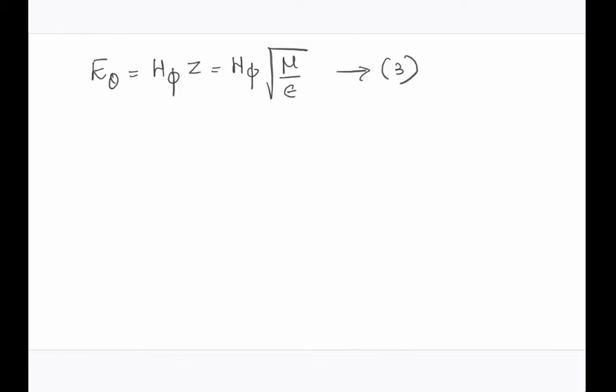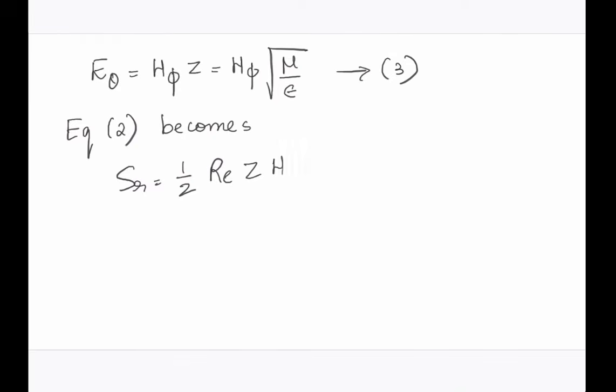S_R can be written as 1 by 2 into the real part of Z, replacing E theta by H phi into Z, so H phi into H phi conjugate.